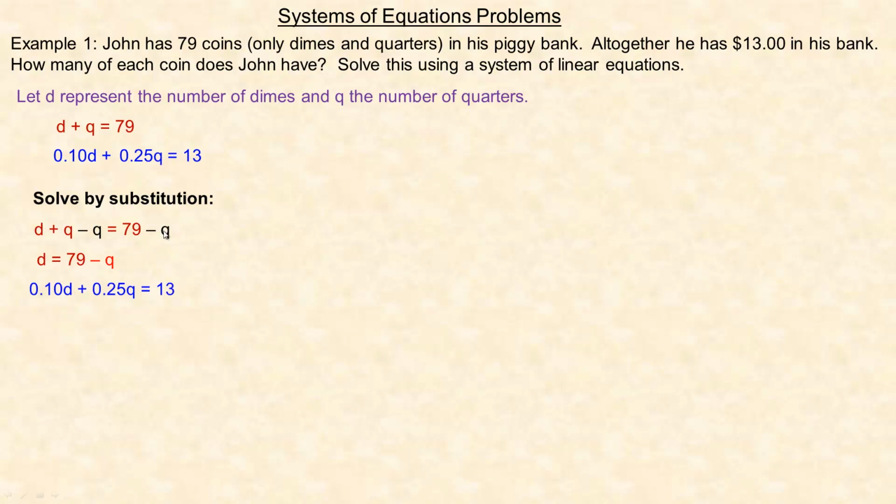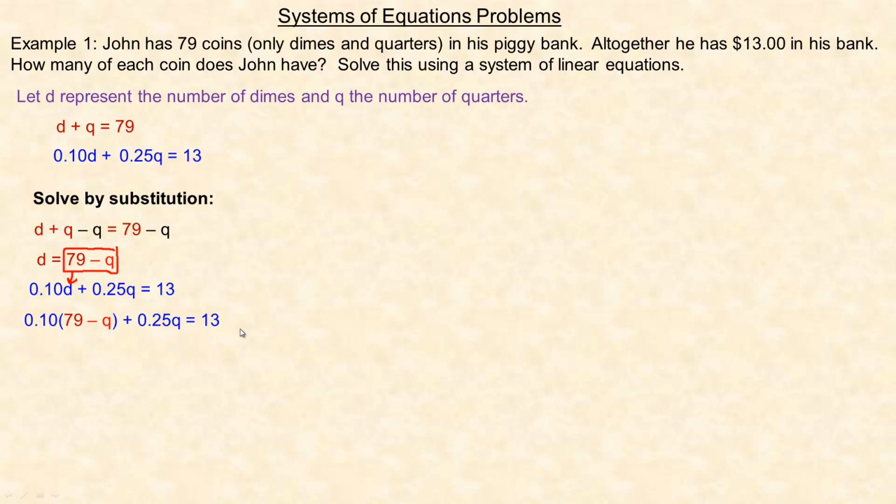Now we write down the second equation, and we're going to substitute that, because that's what D equals. We're going to substitute that in place of D right there. So I'm going to rewrite the second equation with the 0.10, but in place of the D, I'm putting the 79 minus Q, because that's what D is equal to, plus the 0.25 Q equals 13.